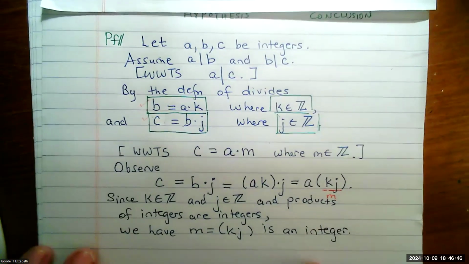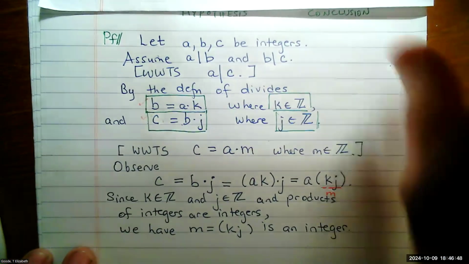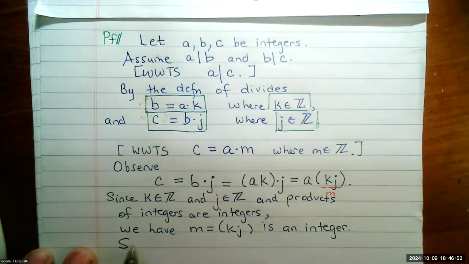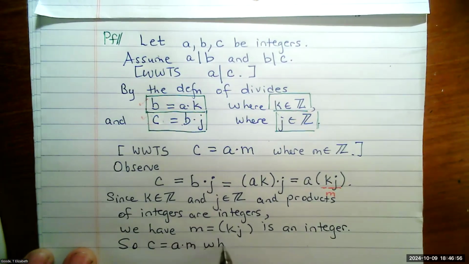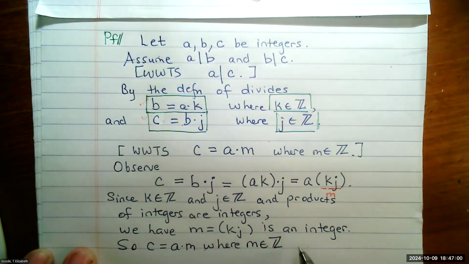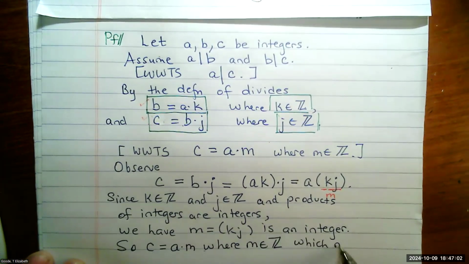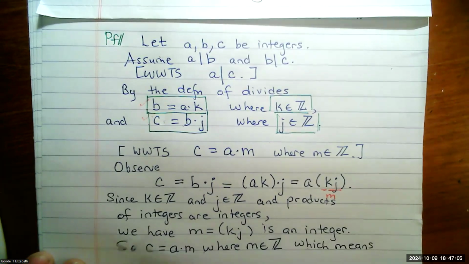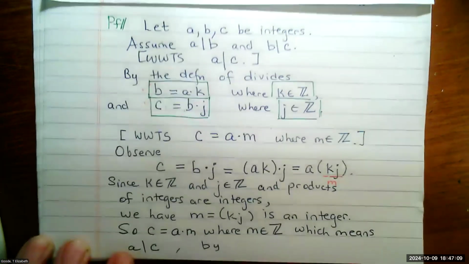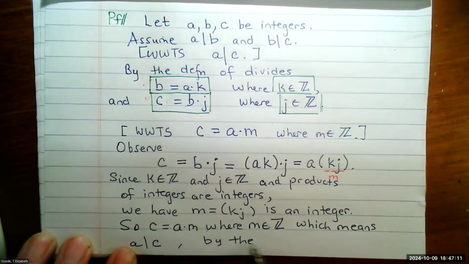So let's just wrap it up. Let's just tell our reader what we just did for him. So C equals A times M, where M is in Z, it's an integer, which means A divides C by the definition of divides.